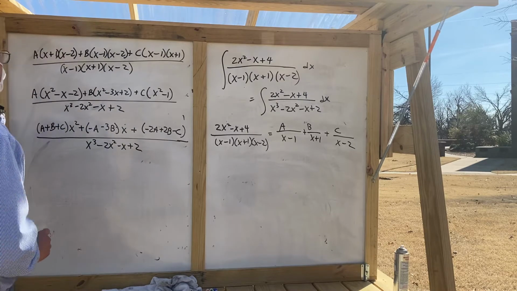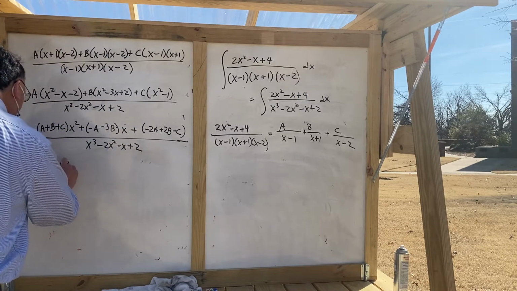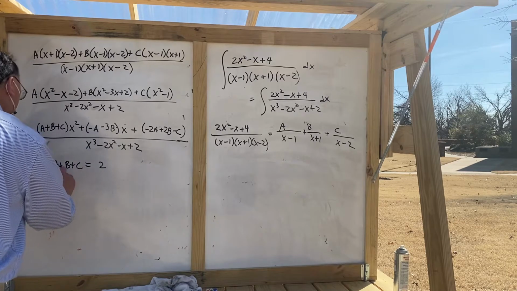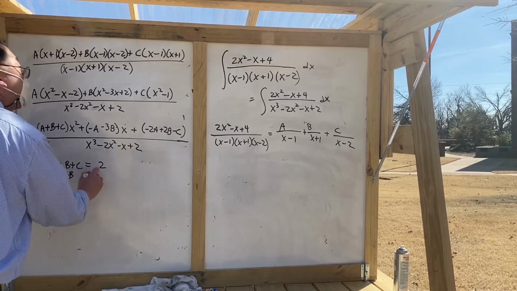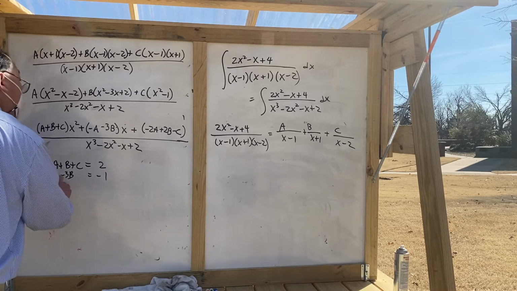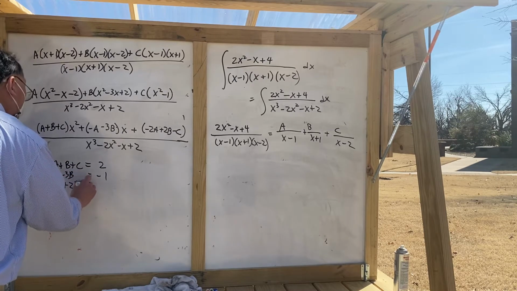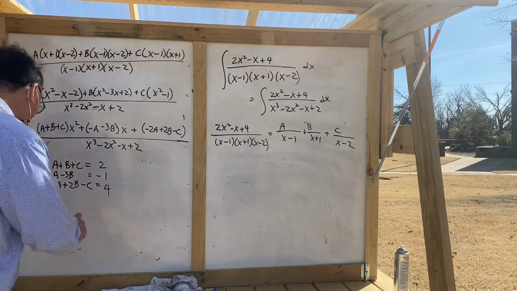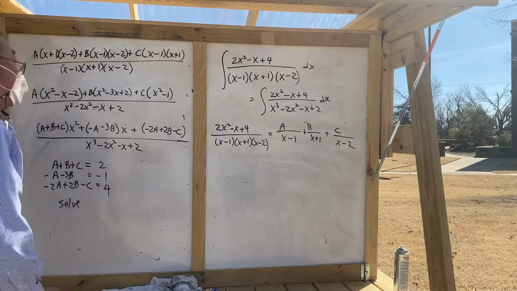Then I have to set a plus b plus c equal to 2, negative a minus 3b equal to negative 1, and negative 2a plus 2b minus c equal to 4. And then solve. That's the long way.